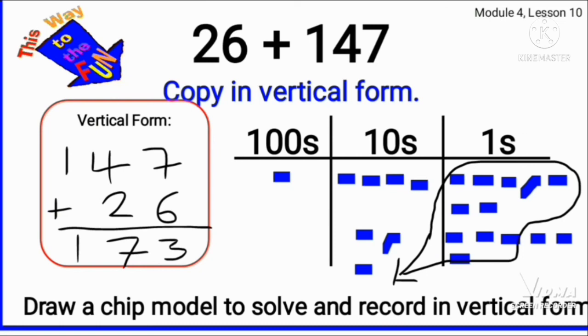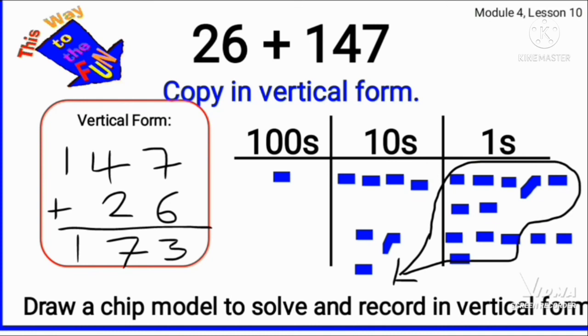I can compose a 10 and be left with 3. 1, 2, 3, 4, 5, 6, 7, 8, 9, 10, and left with 3. That means 7 plus 6 is 13.